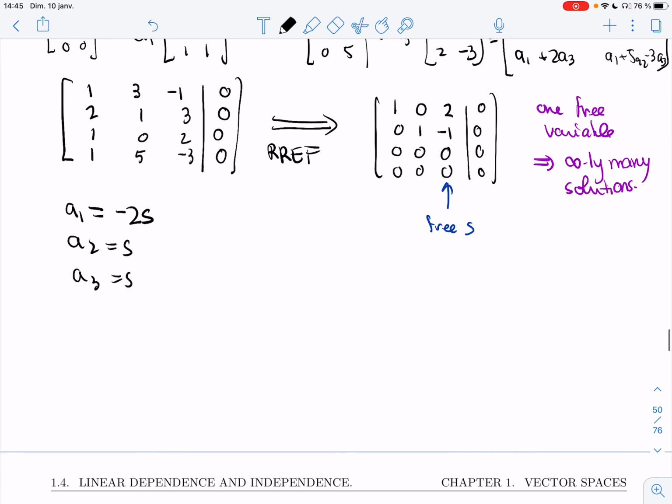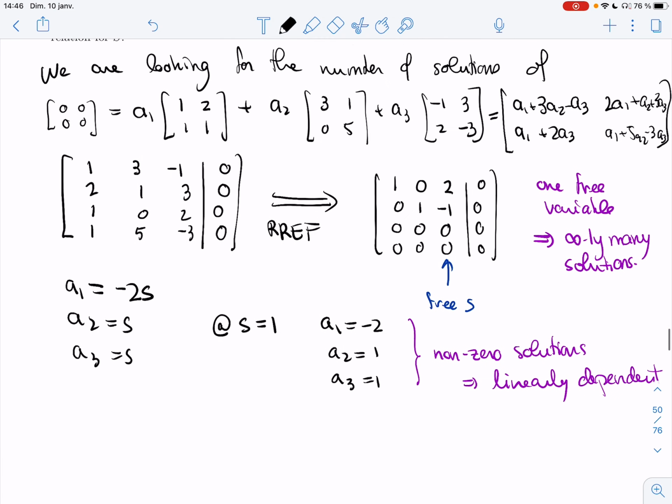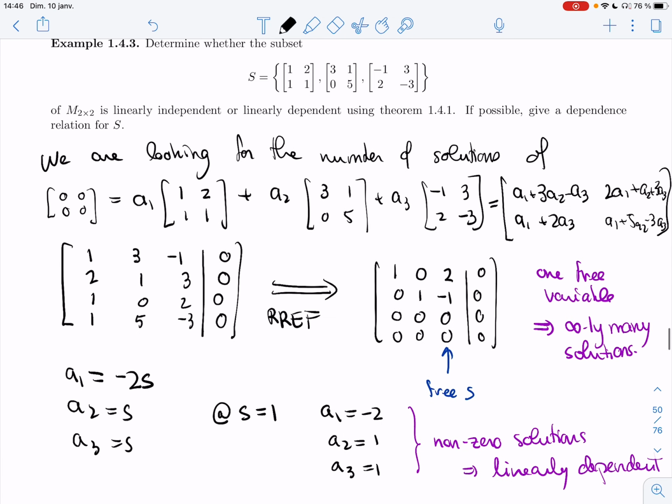And if I take s equals 1, I'm going to get A1 equals minus 2, A2 equals 1, A3 equals 1. That's a non-zero solution. And so we have linearly dependent. As soon as you know infinitely many solutions, you know it's linearly dependent.